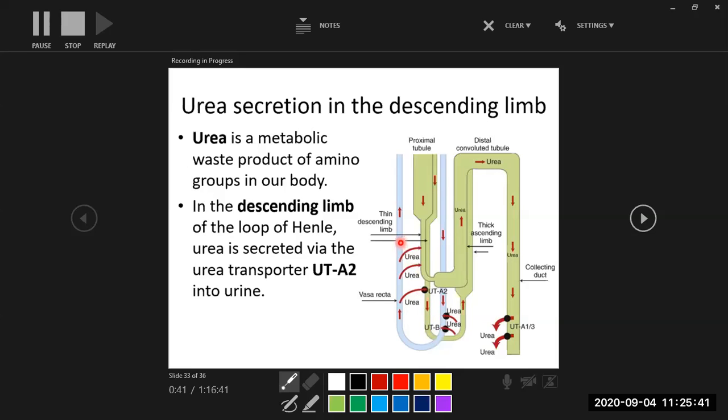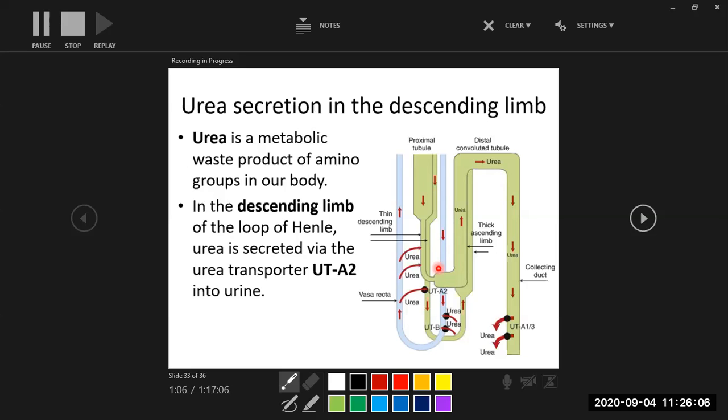We didn't really talk about this vasa recta. This is the blood flow. Just to make it simpler, because the nephron system is in fact very big, but due to the lack of time, we will focus on something more tangible. Don't make it too complicated, okay?